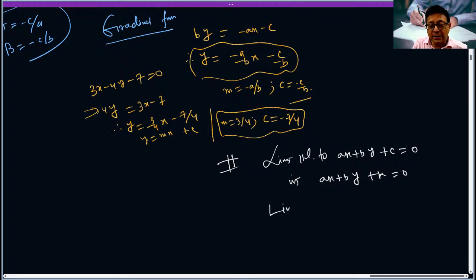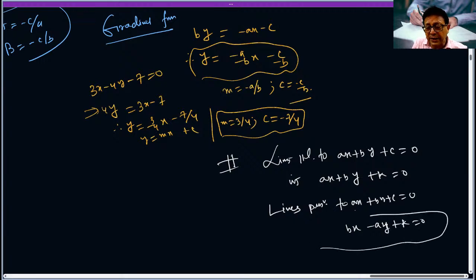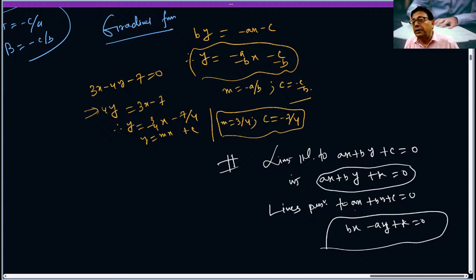A line perpendicular to ax plus by plus c equal to 0, how do you write? Interchange the coefficients and change the sign in between, plus k equal to 0. This is very important. Never forget this. This will reduce the number of steps by half exactly if you start in this manner.